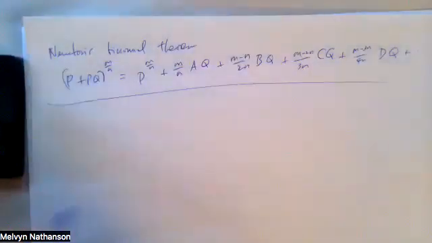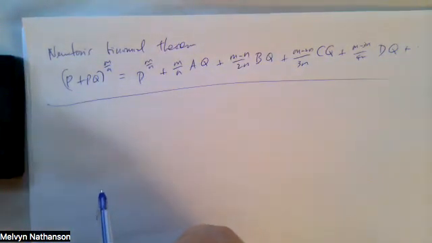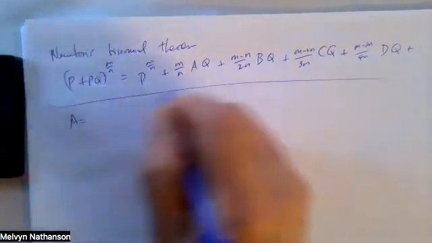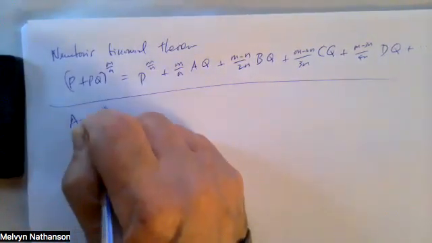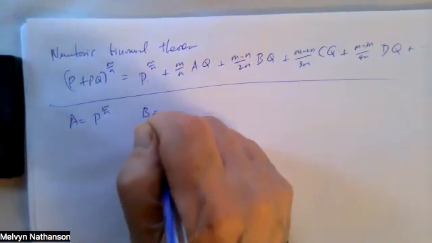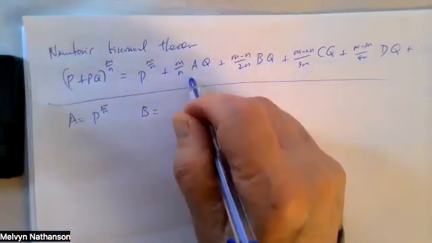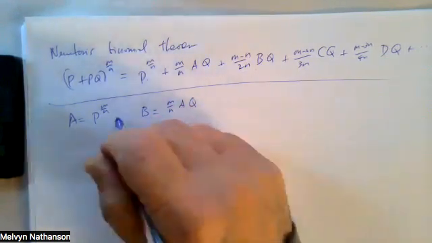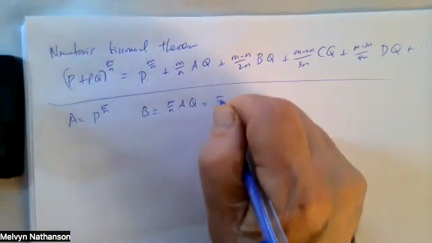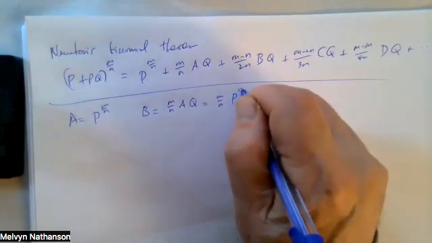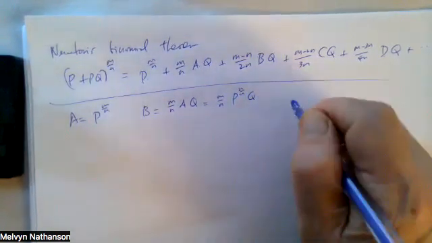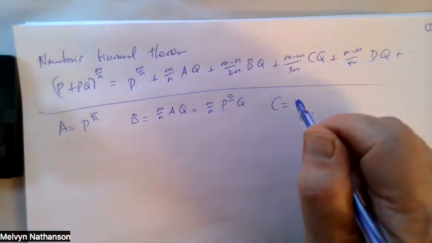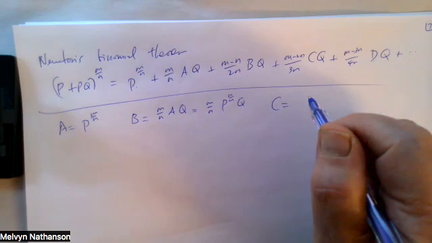So let me just try to write this in a simpler form. A is the previous term. B is the previous term, (m/n)AQ. But I know what A is. This is (m/n) P^(m/n) Q. C is the previous term.